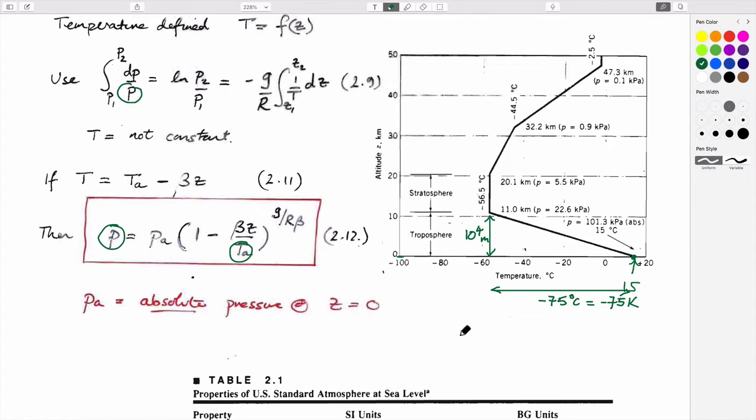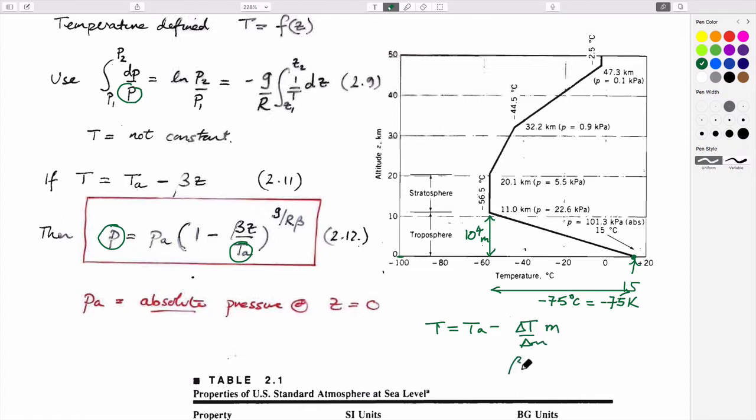This is elevation. So temperature is equal to temperature minus elevation, which is in meters. And so to get temperature, we need temperature change over change in elevation, right? The units of this are going to be temperature.